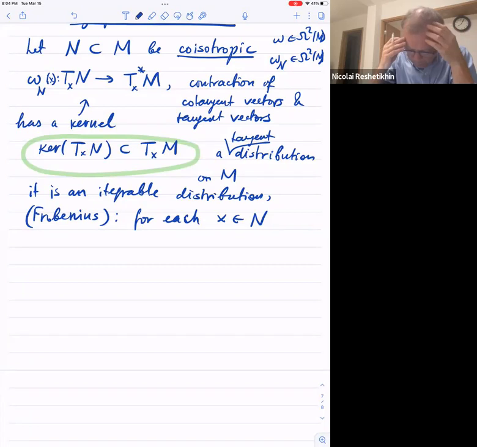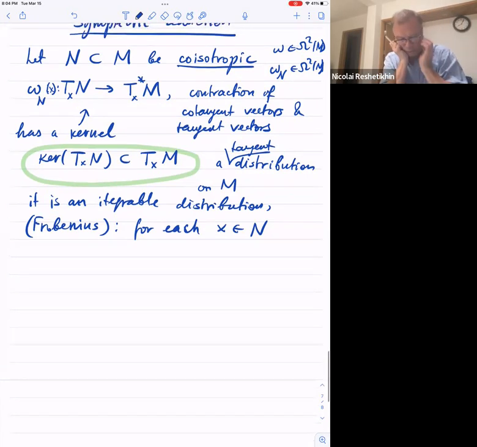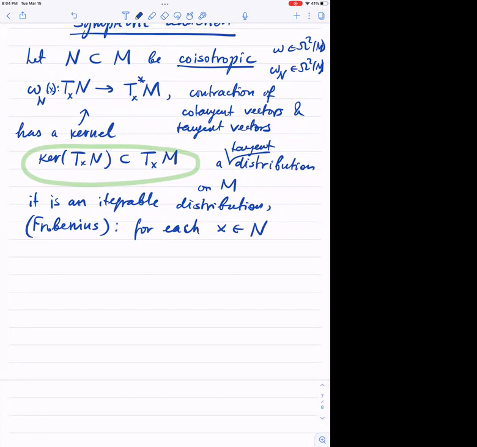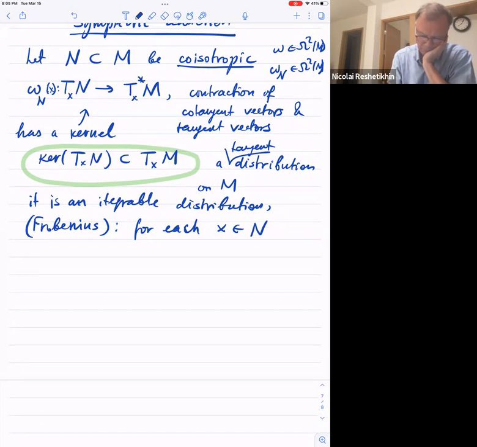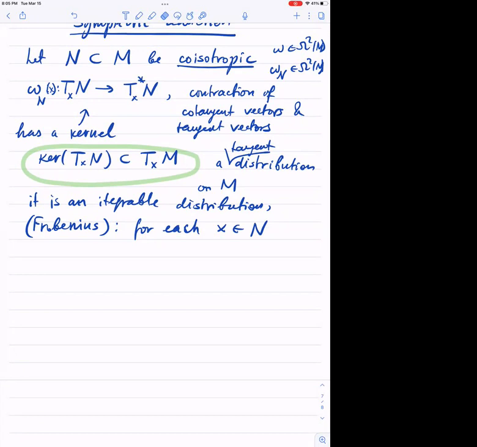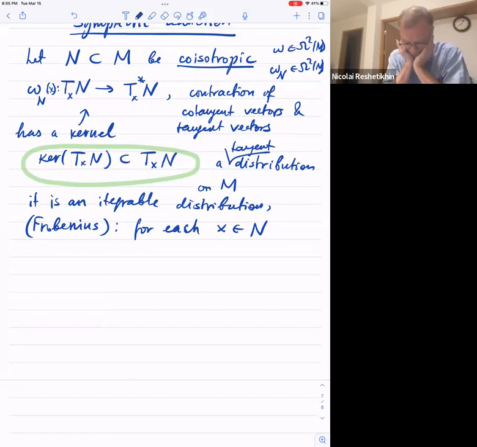I think it doesn't matter actually. Okay. Wait, sorry. We're thinking of tangent space inside. Actually, okay, it should be like this. And it should be like this. Okay.